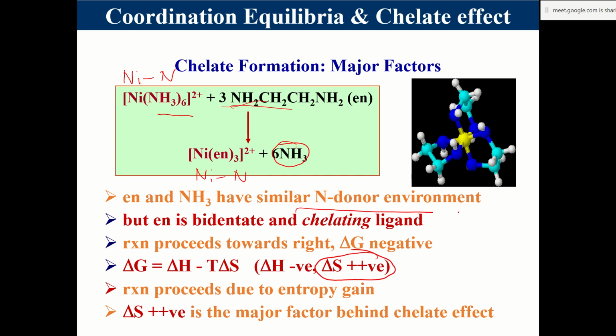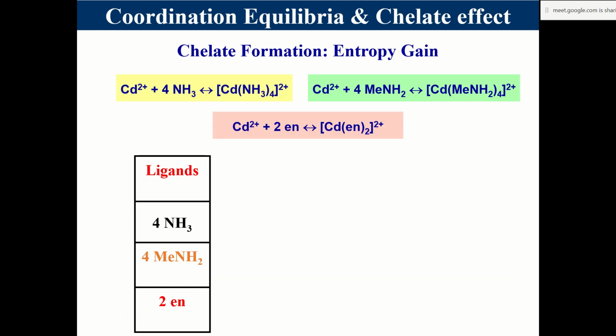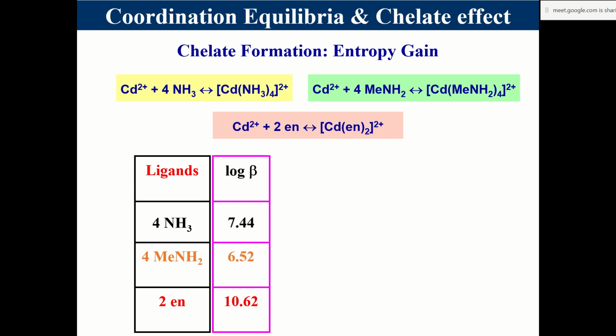In this particular case, delta S is positive. Both have a similar N donor environment, but because ethylenediamine is a bidentate chelating ligand, overall delta G is negative, and the major thing is that delta S is positive. So the reaction proceeds due to the gain in entropy, and this delta S is the major factor behind the chelate effect.